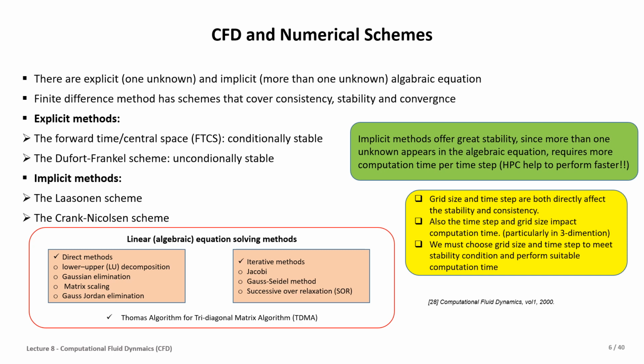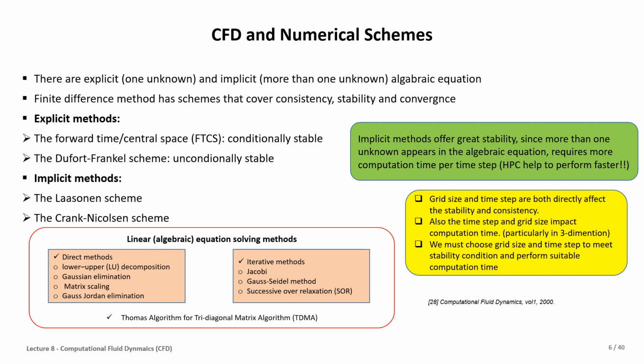Also, there are explicit and implicit terms in the numerical scheme, which means when we are using the explicit method, there is one unknown in the algebraic equation, but when we are using the implicit one, there will be more than one unknown in the algebraic equation.